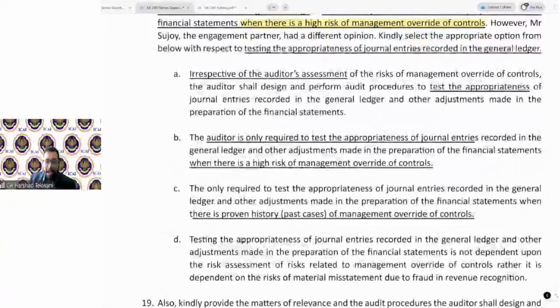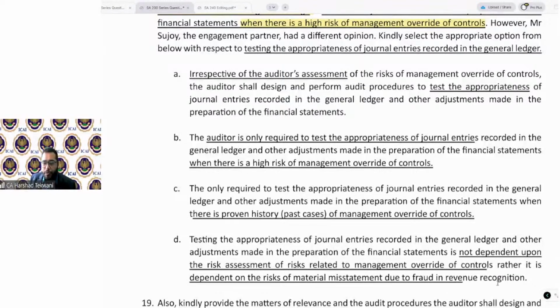And fourth, the appropriateness of journal entries recorded in the journal ledger and other adjustments made in the preparation of the financial statements is not dependent upon the assessment of risk related to management override of controls. Rather, it is dependent on the risk of material misstatement due to fraud in revenue recognition. So, what is the correct option over here?